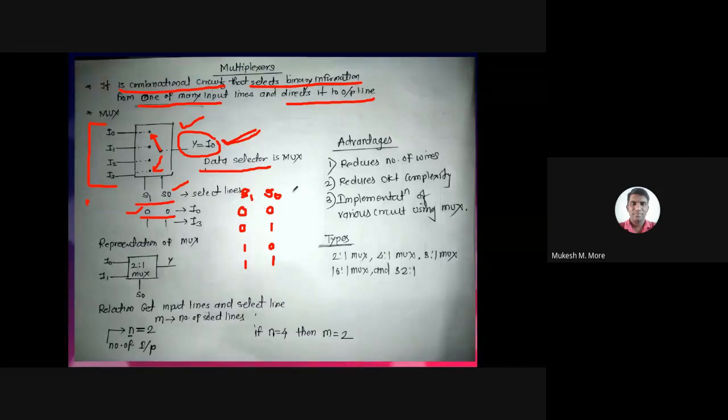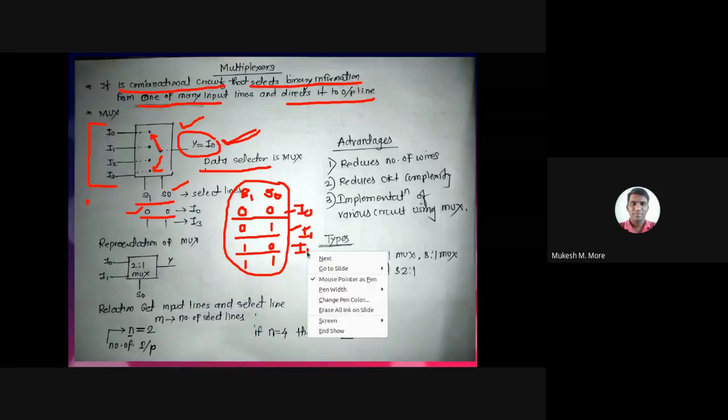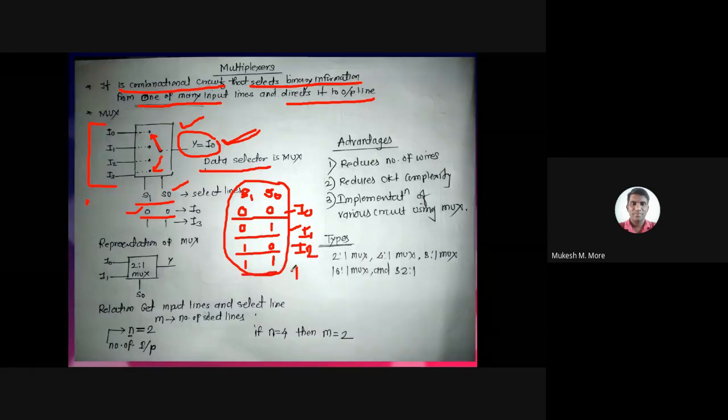With the help of these select lines, we are selecting the output. 0 0 is for I0, 0 1 is I1, 1 0 is I2, because 1 0 is the binary for 2, and 1 1 is I3.